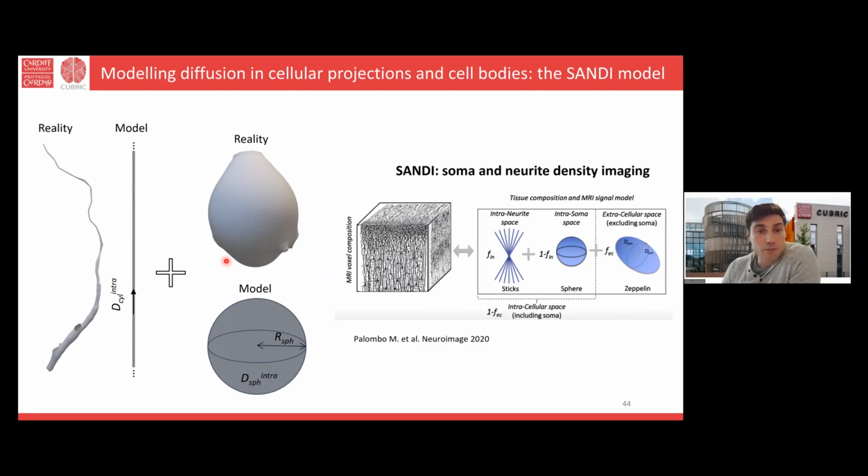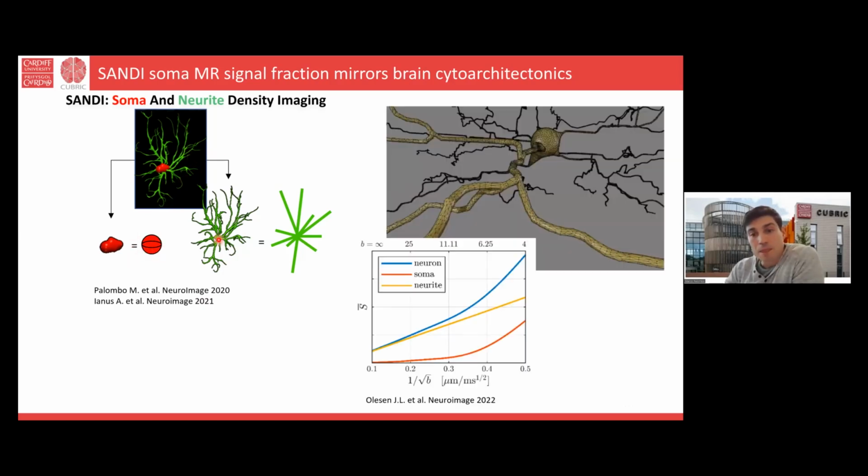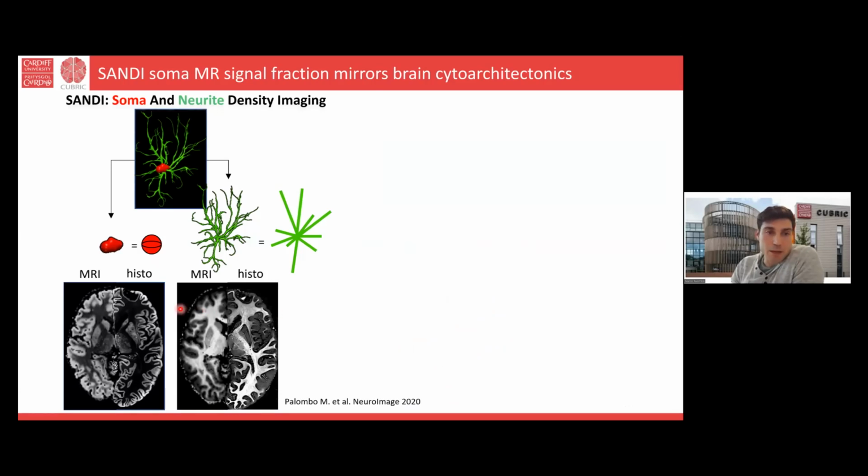To my knowledge, the first model proposing this explicitly is the Sandy model, which with numerical simulations has shown that if you work in the high b-value regime, you can disentangle the signal coming from the cell bodies from the signal coming from the neurites. This has also been validated with numerical simulations later on. And you can get parametric maps of soma signal fraction and neurite signal fraction.